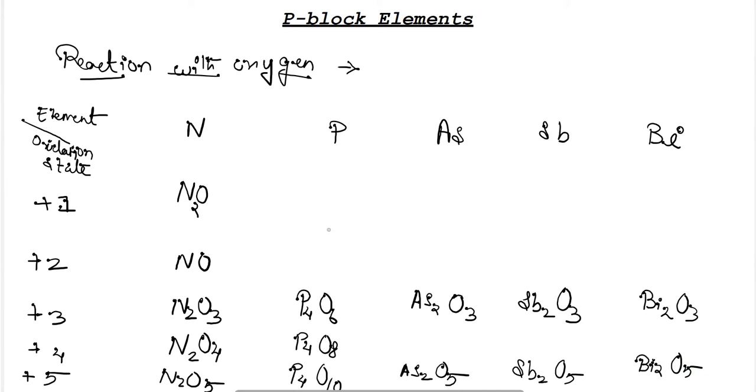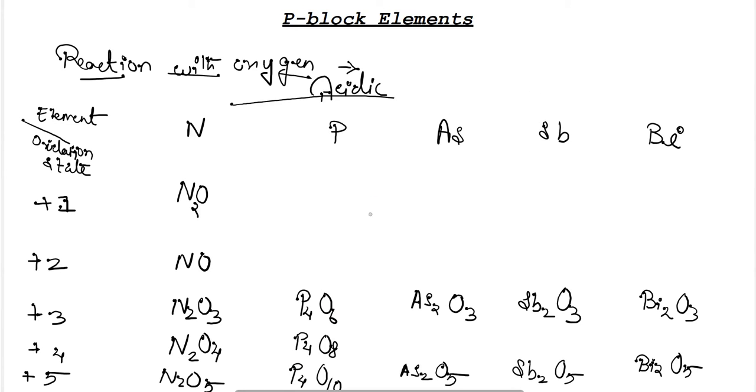And here we will see that on moving down in the group, the acidic character of the compounds decreases. It will start to decrease as we are moving down in the group.